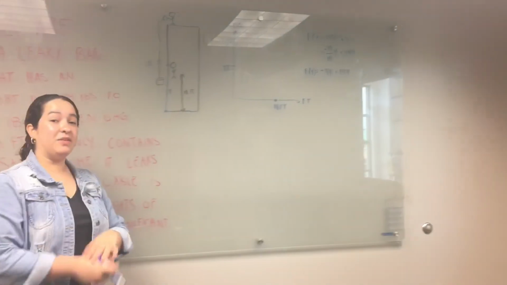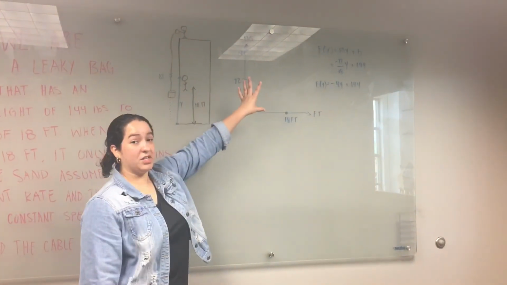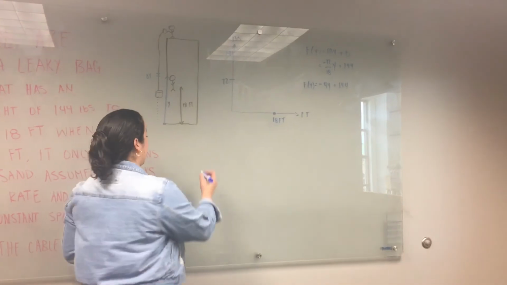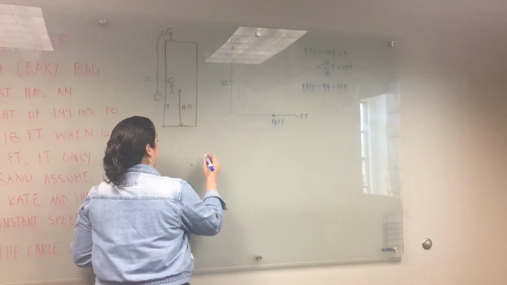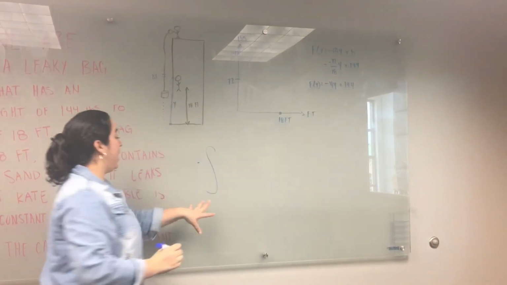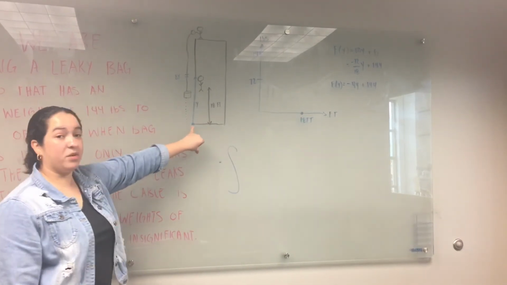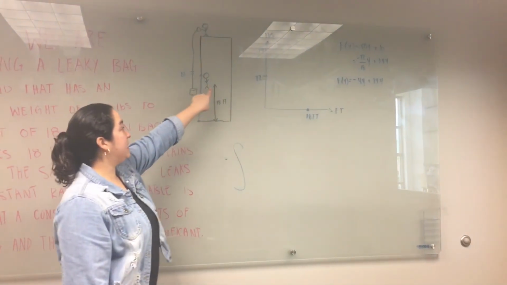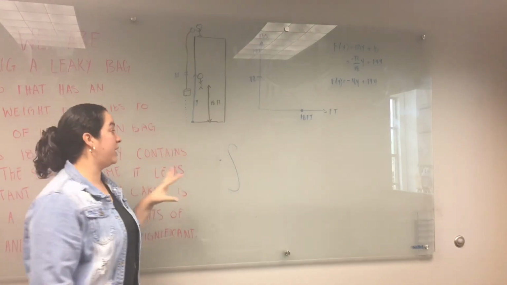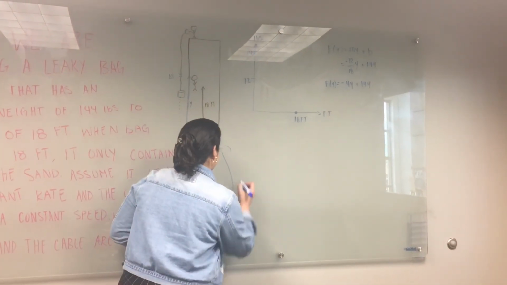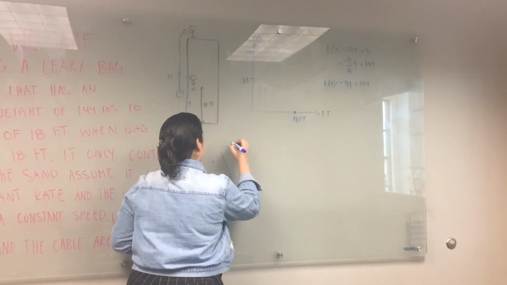So now since we found our slope, our function of y, we're going to be plugging it into an integral. Our limits are going to be from the origin, which is 0, up to the 18 feet, since we only went halfway up. So we have 0 to 18.